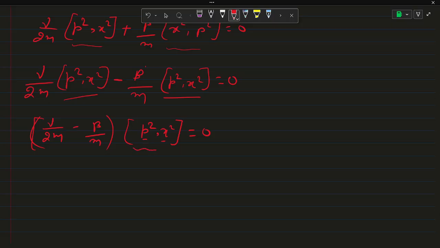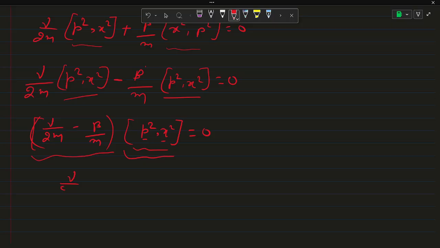This commutation will not be 0 because when we solve it, it will give us a term of i h cut, because the commutation of x and p will be i h cut. So this part will not be 0. So we are left with the constant part. This part must be 0, then the commutation will be 0.